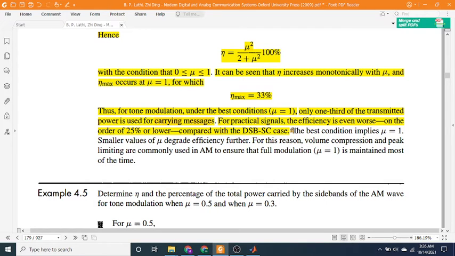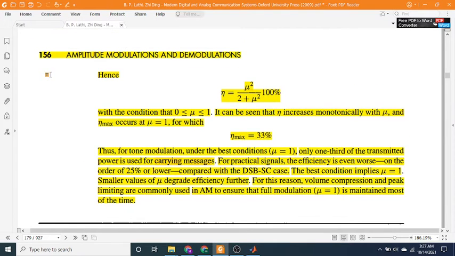The best condition implies μ = 1. Smaller values of μ degrade efficiency further. For this reason, volume compression and peak limiting are commonly used in AM to ensure that full modulation, μ = 1, is maintained most of the time.